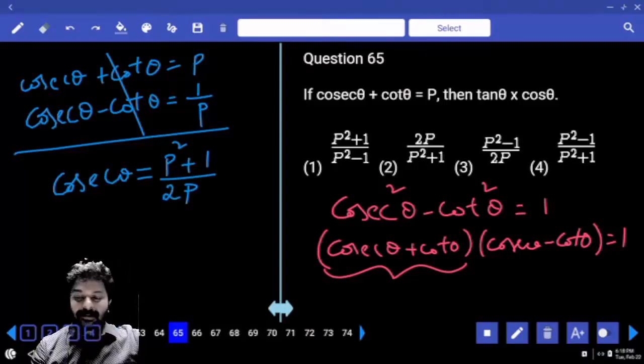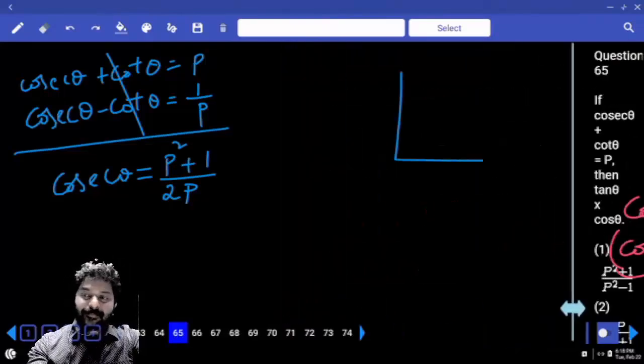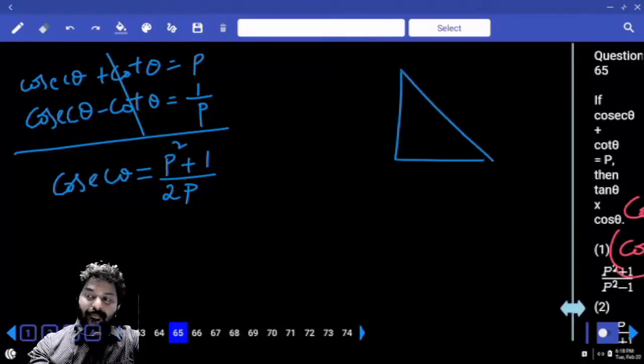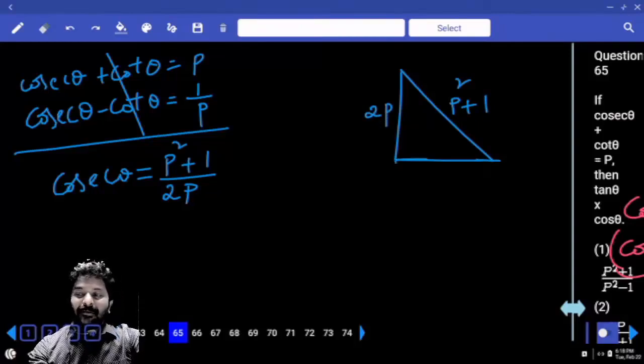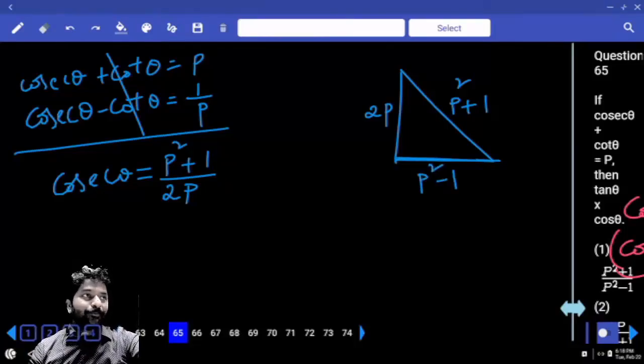Agreed? Now form the triangle. P square plus 1 hypotenuse. Opposite side 2p. What is adjacent side? Base value. P square minus 1. Pythagoras triplet.